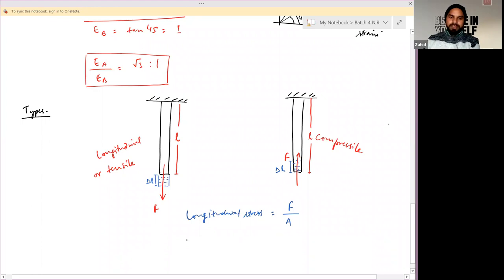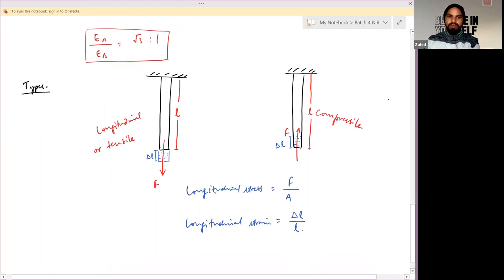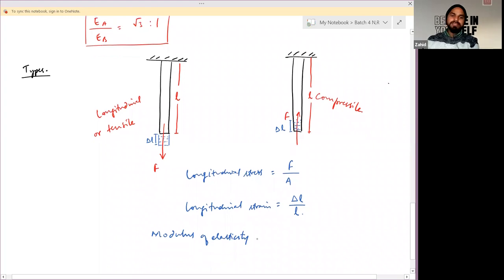Now, due to this application of stress, the amount of deformation produced will be the longitudinal strain, which equals delta L divided by L. Now, according to Hooke's law, if we divide these two terms, it will define the modulus of elasticity. In this longitudinal case, this modulus of elasticity is termed as Young's modulus.